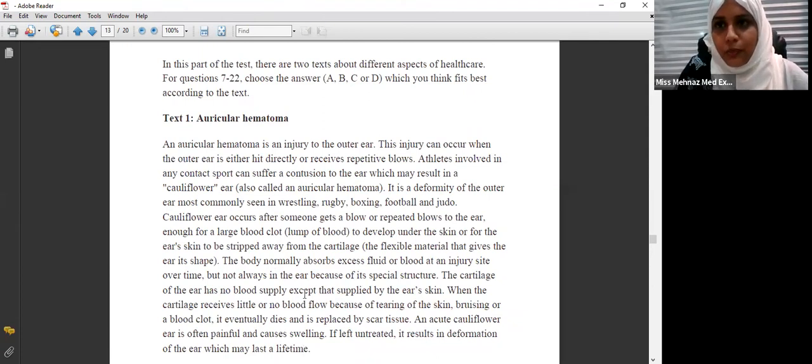The question is, what is true about cauliflower ear? So you're just going to look into what is true about cauliflower ear.